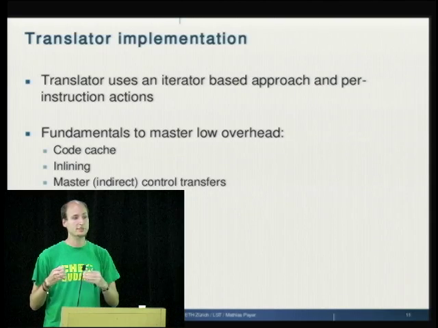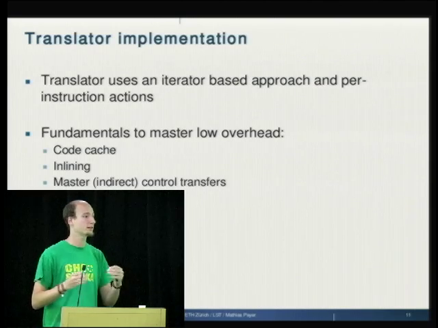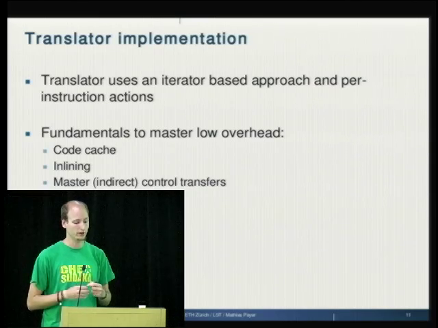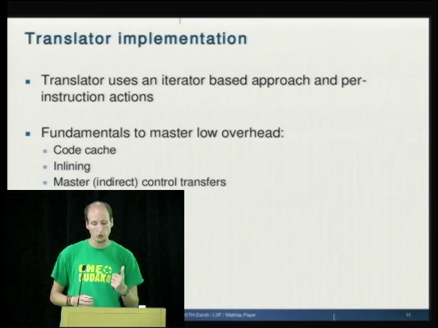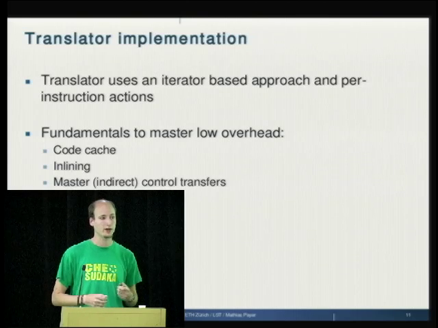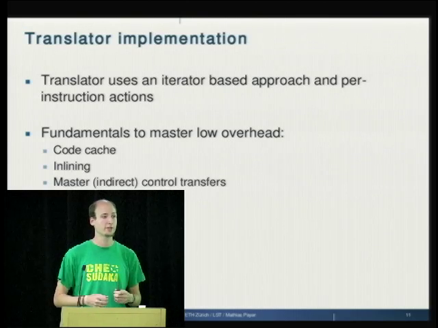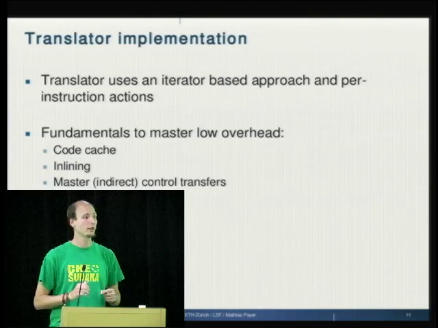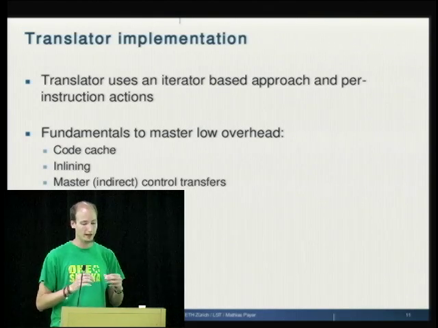Well, the function call itself does not incur too much overhead, but the return instruction is an indirect control flow like any other. And we have to master all other indirect control flow transfers to achieve low overhead, because these are the ones we cannot fix up. We have to do an online runtime lookup.